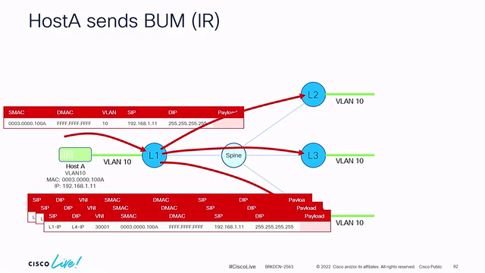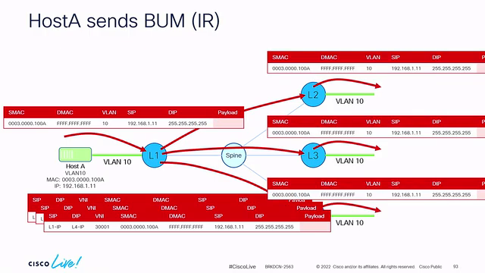I just took all Fs and all 255s in there. Could be either, as we fully support MAC only as well as MAC-IP in these cases. Now, as all the leaves receive it, they will decapsulate it. We will remove the outer headers, the VXLAN part of it, and then we will just perform nothing different than either a MAC broadcast or an IP broadcast in the local VLAN segment where we decided to replicate to.